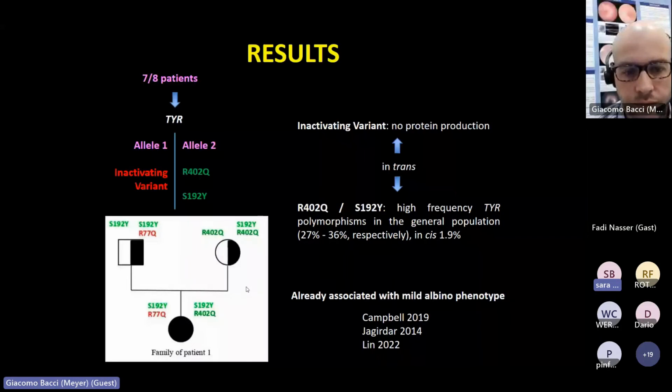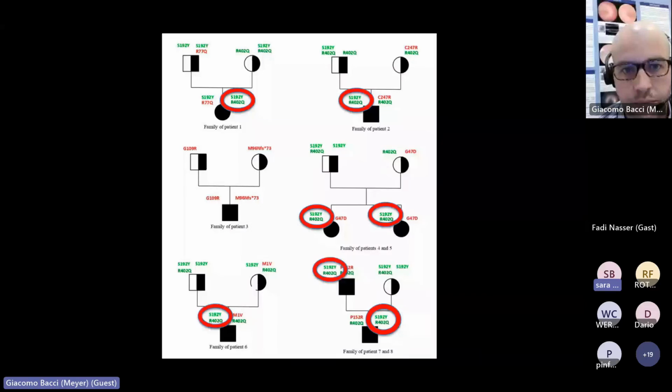If you move on, Giacomo, we will show the genotype of all our patients. We find this genotype in 7 out of 8 of these patients, while the last one had an allelic inactivating mutation.